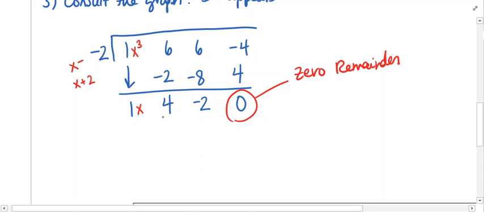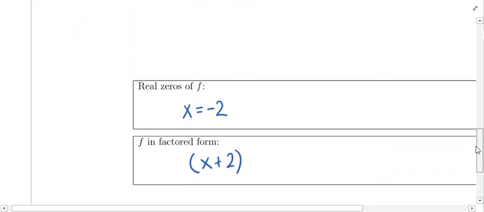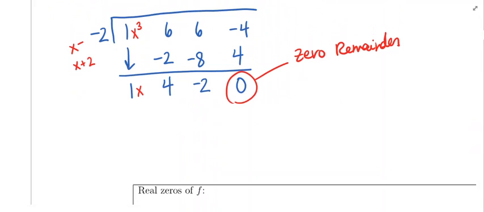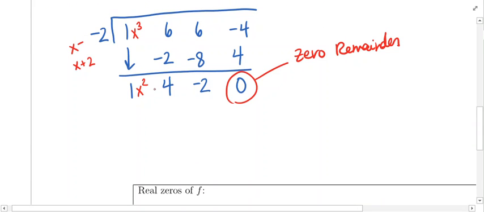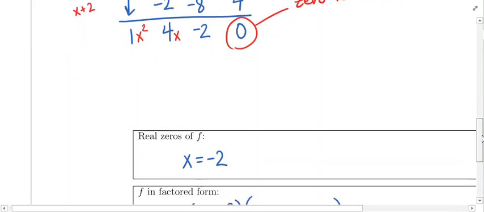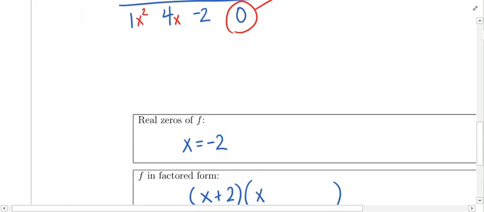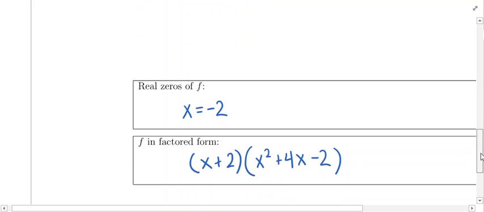So x plus 2 times the other factor is going to be 1 times x squared plus 4 times x minus 2. Go ahead and write that in. The other factor is 1 times x squared, that's x squared, plus 4x minus 2. All right, so we're getting there.